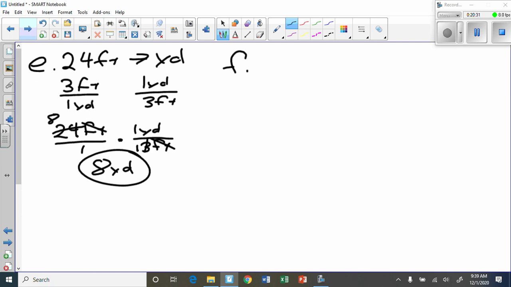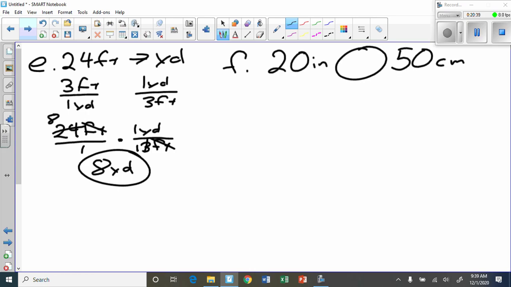Which is greater, 20 inches or 50 centimeters? So we are comparing 20 inches to 50 centimeters. What we have to do is convert one of them. Do you want to change inches to centimeters or centimeters to inches?